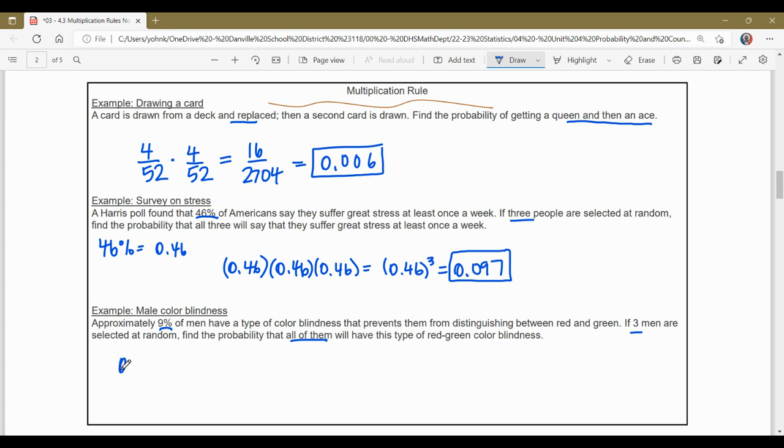So the probability that the first person is colorblind is 0.09 times the second person, which is the exact same probability because they're independent, times the third, which is the exact same because it's independent. I can shorten that to say 0.09 to the third power. If I do that, I get 0.001.